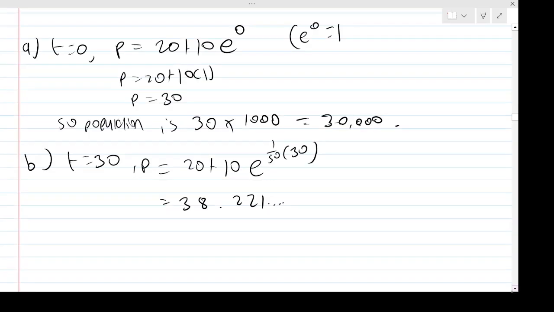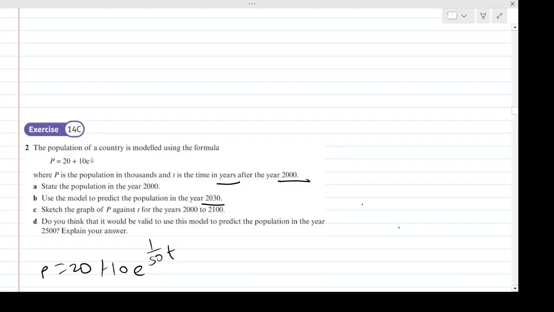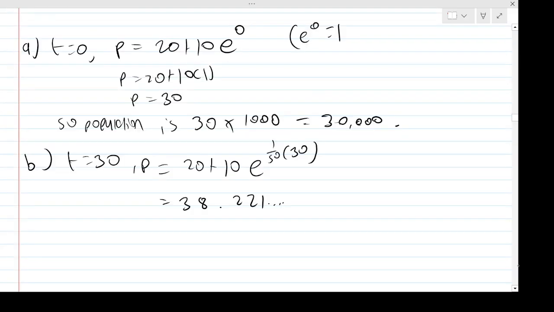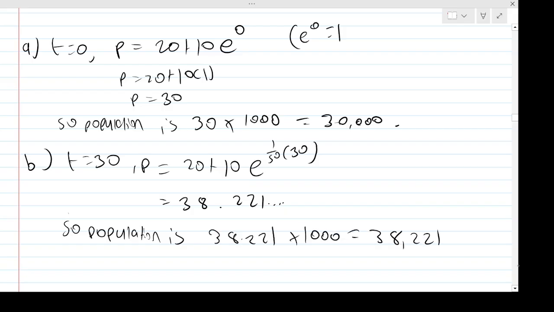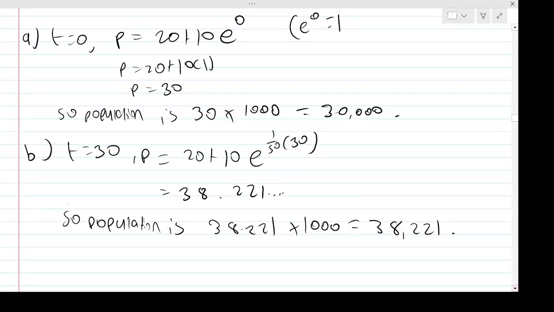But again, that's the value of P. The population is in thousands, so I need to multiply this by 1,000. So population is 38.221 times 1,000, which would be 38,221. Okay, roughly. Right, cool.